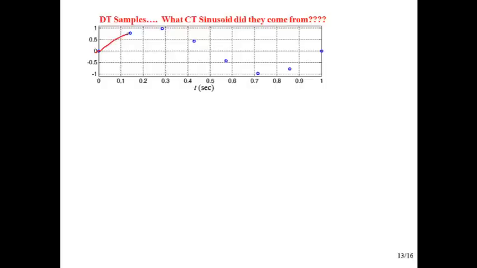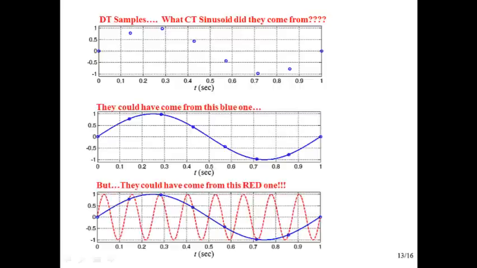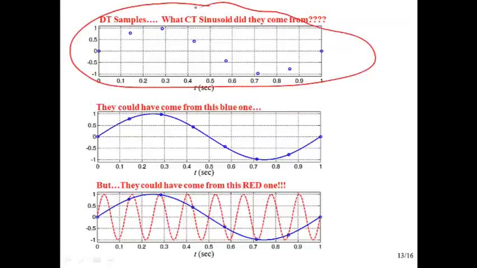Well, your eye says, okay, I see a sinusoid that looks like that. Okay, good. But here's the weird thing. Well, clearly they could have come from that one. Here's the weird one. Notice the red? I'm taking samples of that red one just as well as I'm taking samples of that blue one. So the question is, given these samples up here, how do I know which of these it came from?